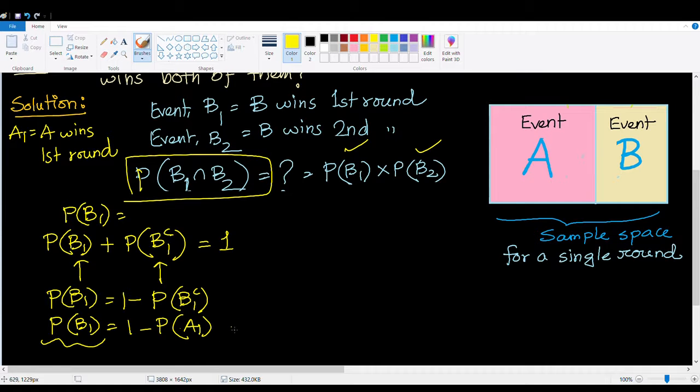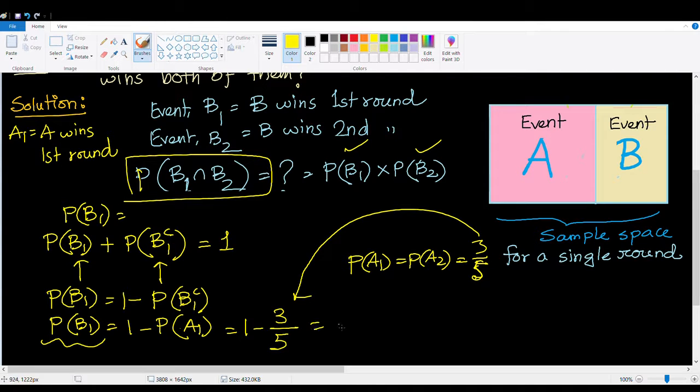So we wanted to derive this value using P of A. Now 1 minus P of A1, which is 1 minus 3 by 5, because P of A1 equals P of A2 equals 3 by 5. For every single round, the probability of winning for A is the same, and that is 3 by 5. So we have put this value here to find out P of B1. So it's 2 by 5. Similarly, we'll find that P of B2 is also equal to 2 by 5.